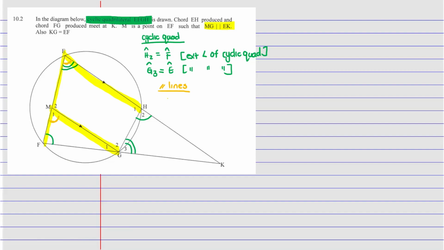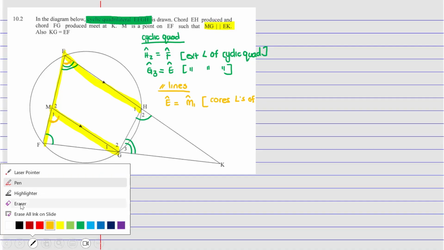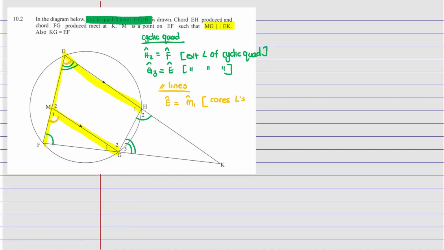And what's our reason? Corresponding angles. Sorry about that, it's corresponding angles.